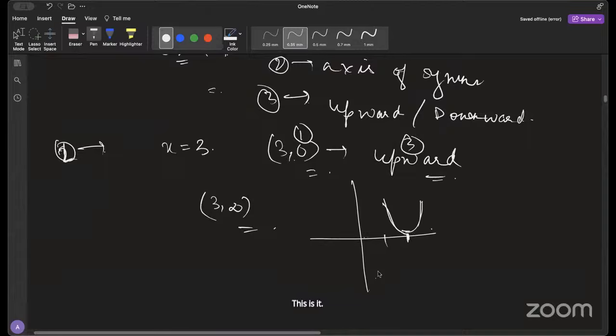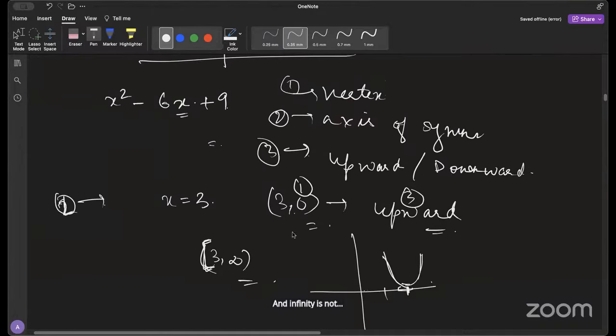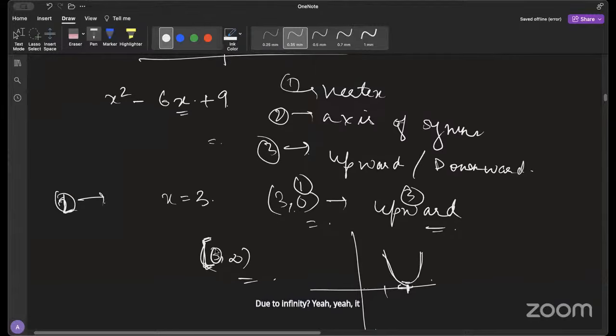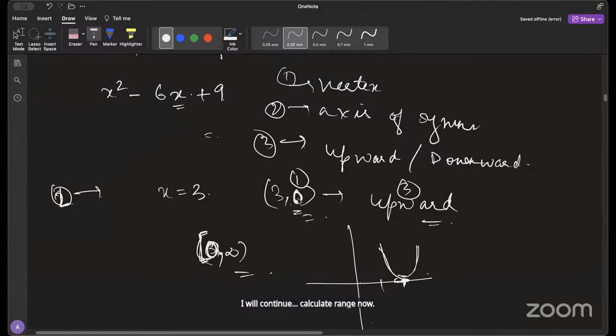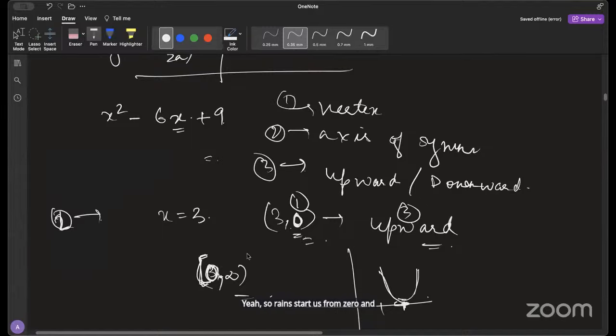Its range should be from 0 to infinity, not 3 to infinity. If 3, 0 is the vertex, then the range starts from 0 and goes upwards.